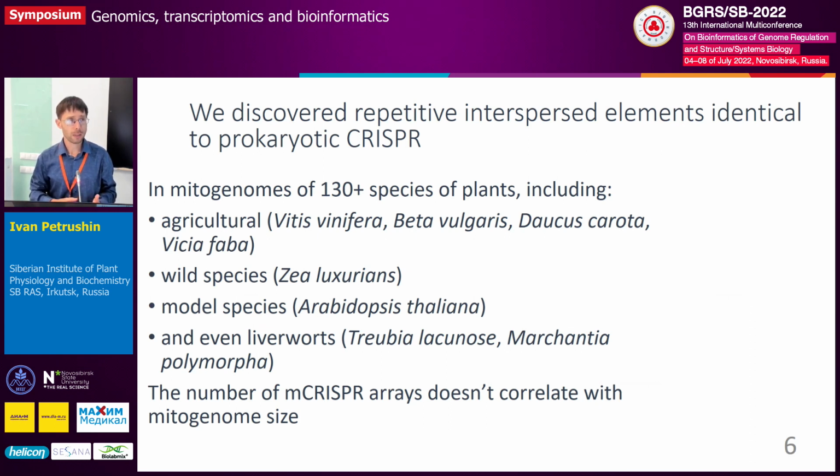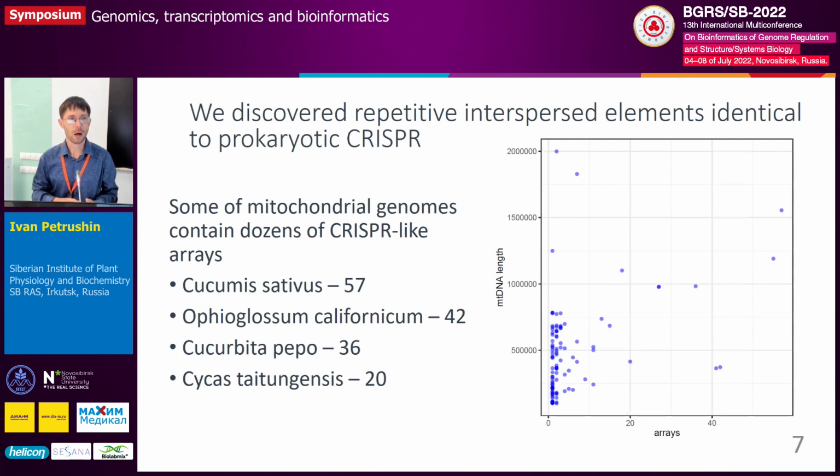Interestingly, the number of CRISPR arrays doesn't correlate with the mitochondrial genome size. The diagram will be on the next slide. Some mitochondrial genomes contain dozens of such CRISPR arrays. For example, Cucumis sativus contains more than 50 of them.